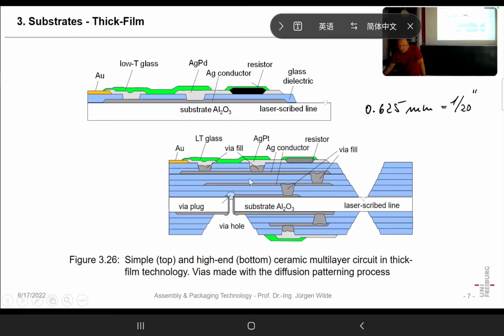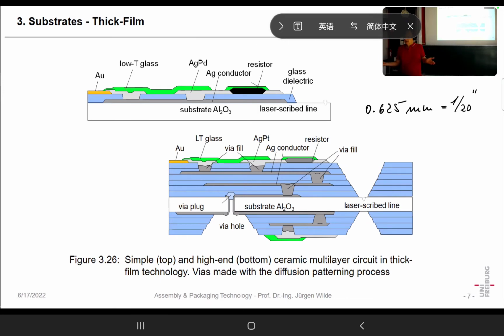And they showed that technology in order to make multi-layers, but we can also see how many individual layers do we have? 1, 2, 3, 4, 5, 6, 7, 8, 9, 10, 11, 12, 13, 14, 15 on one side, and let's say 10 on the other side.